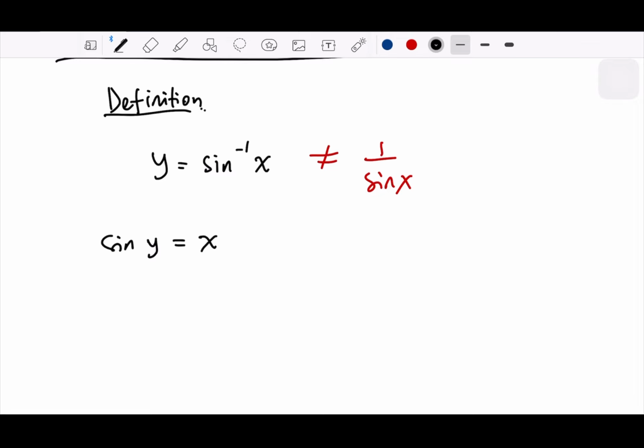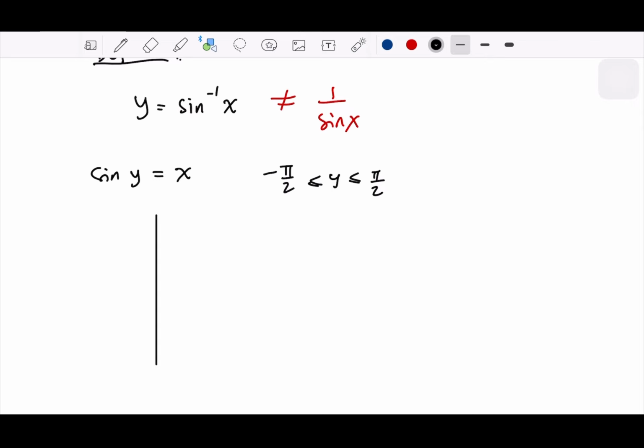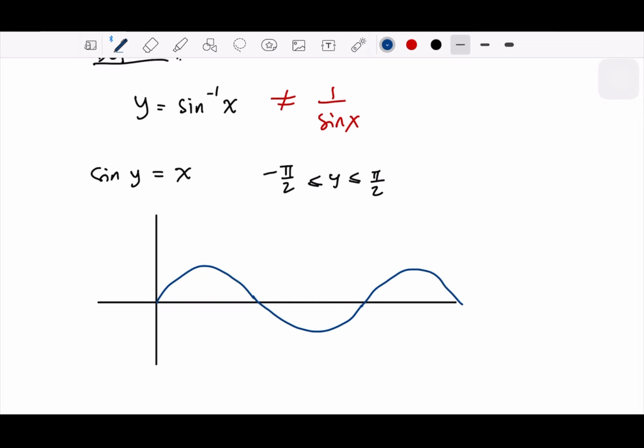And for the inverse to be true, we need to have one-to-one functions. Okay? One-to-one functions, we need to have a certain y. That is maybe easy to start with -π/2 and π/2. This is because if we recall the sine, it's always oscillating, right?